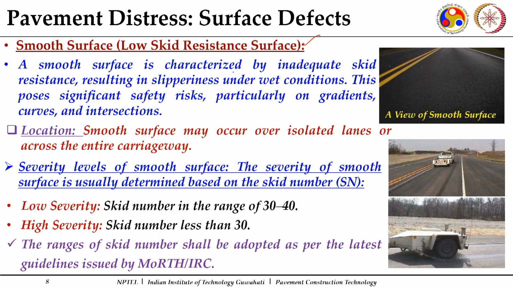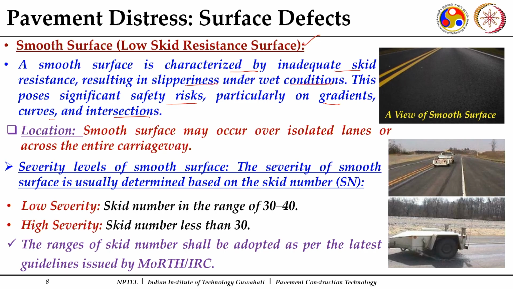So, a smooth surface is characterized by inadequate skid resistance resulting in slipperiness under wet conditions, and this becomes even more challenging when the surface is wet. This poses a significant safety risk, particularly on gradients, curves and intersections where frequent braking or turning movements occur, along the curves where you need a good amount of lateral friction. This smooth surface raises concerns regarding the safety of the users.